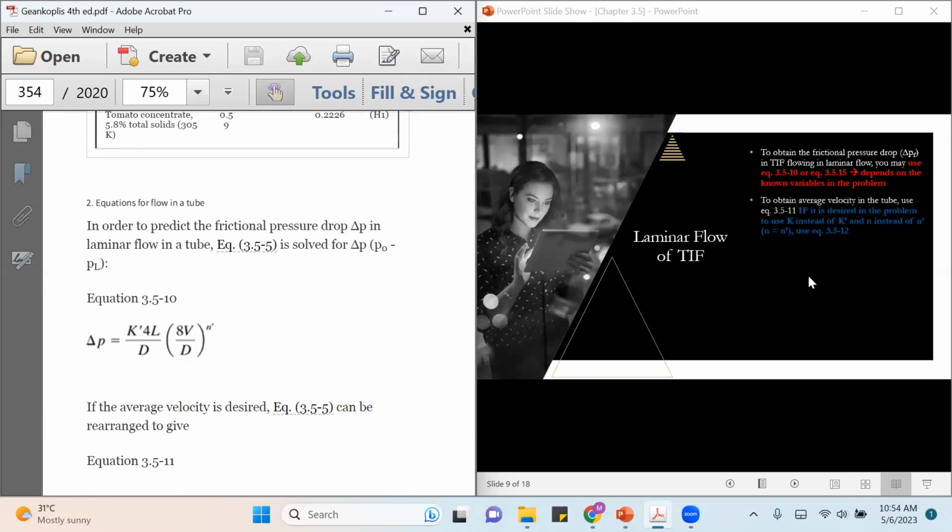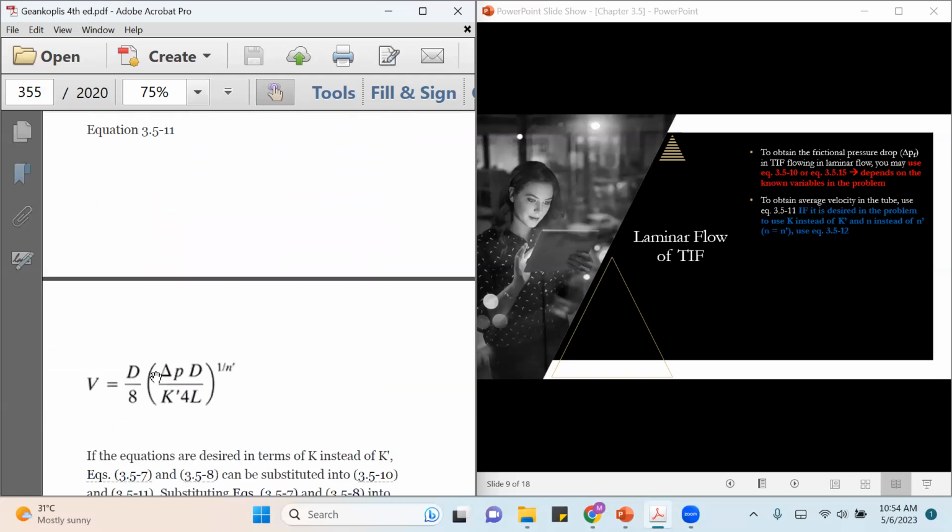In chapter 2 we also tried to find the average velocity of the fluid in the pipe. For non-Newtonian fluid inside a pipe, sometimes we also need to find the average velocity.